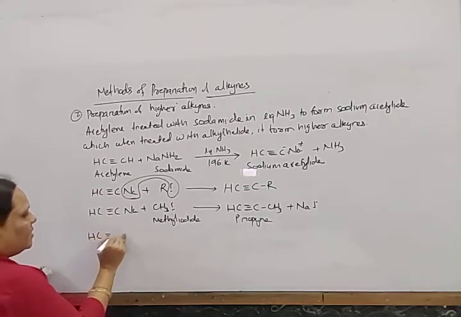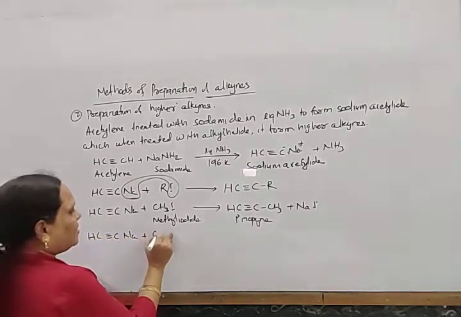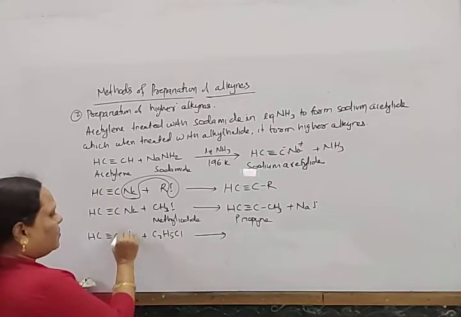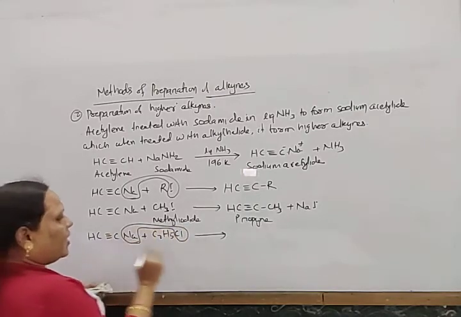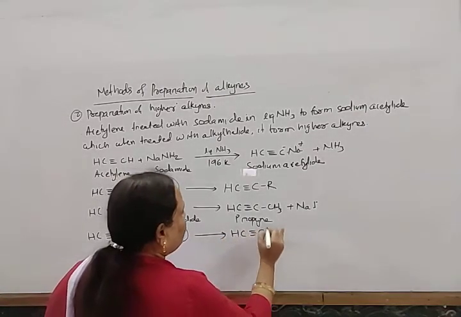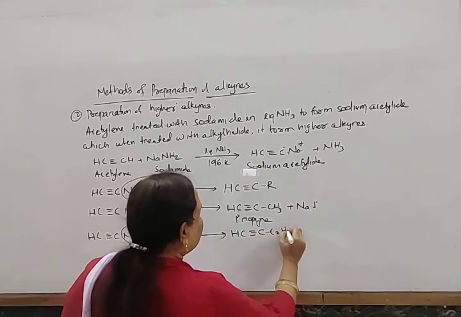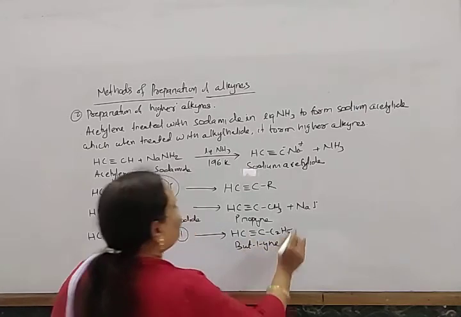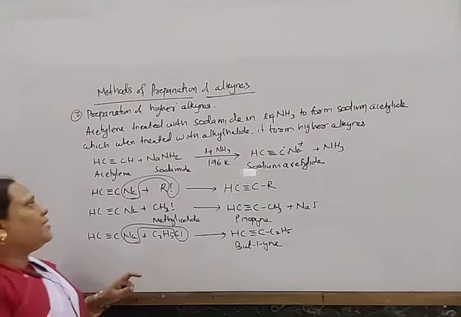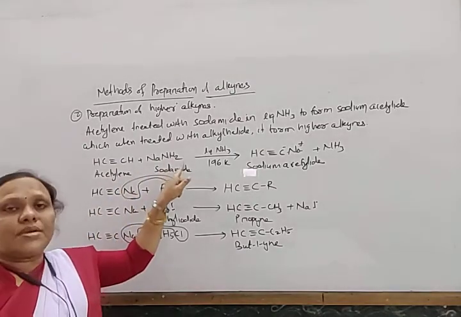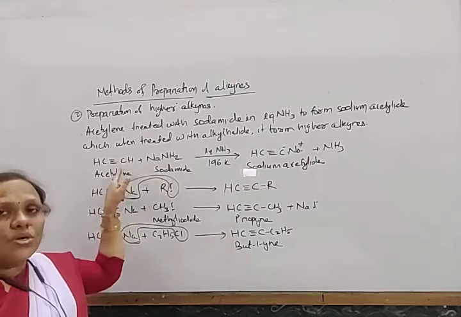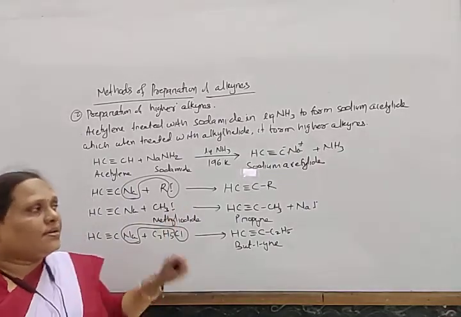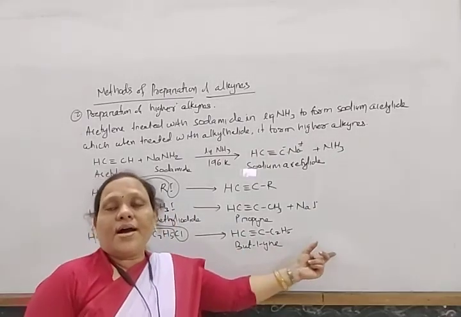Similarly, HC triple bond C Na treated with C2H5Cl gives HC triple bond C C2H5, that is but-1-yne, with NaCl removed. If acetylene is treated with excess sodamide, it forms disodium acetylide, and according to that, if you take the alkyl halide, it forms different alkynes.